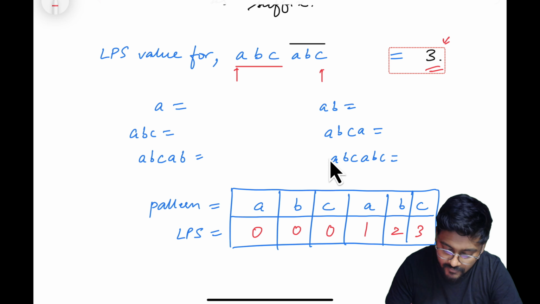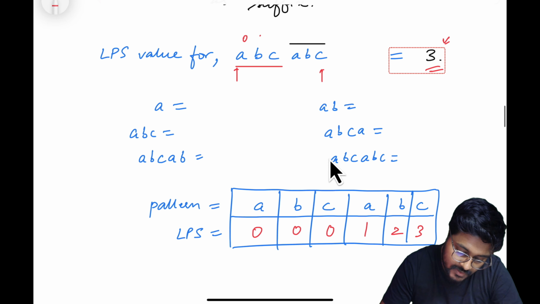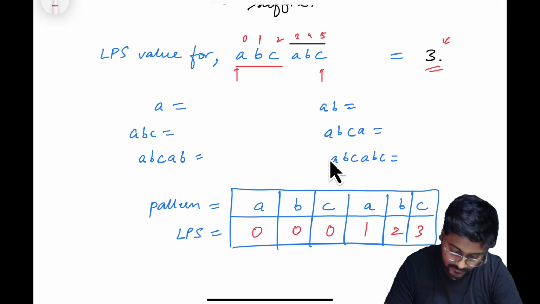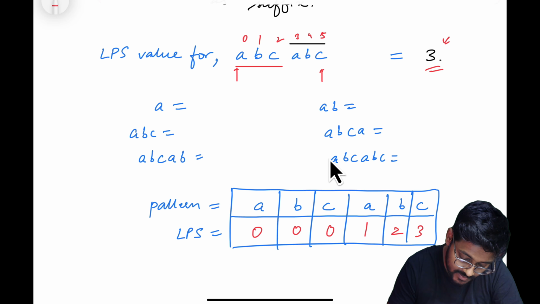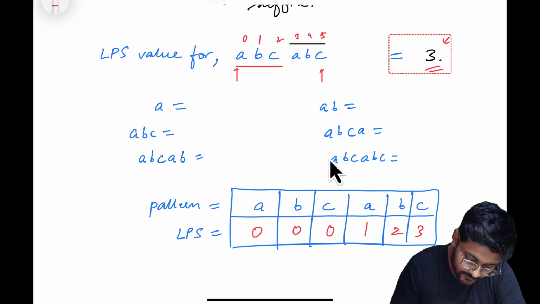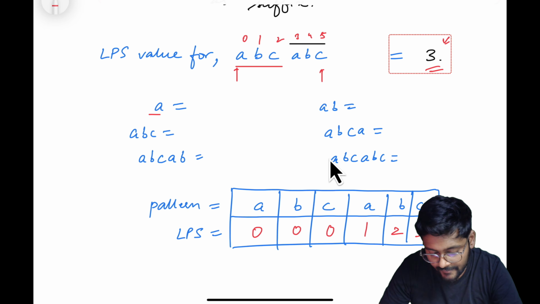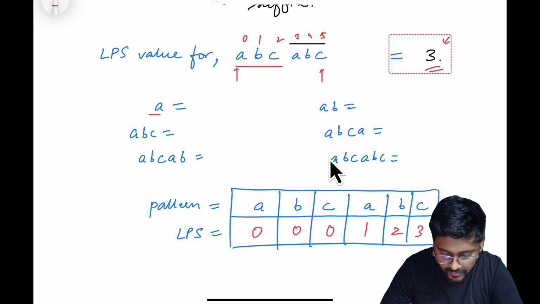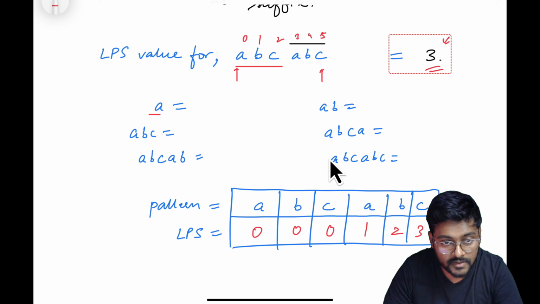Starting from index 0, how many substrings are we going to have? 0, 1, 2, 3, 4, 5. We are going to have 6 substrings. First one is A, then AB, ABC, ABCA, ABCAB, and the whole string. If this is the string, what is the length of the prefix which is also equal to the suffix?